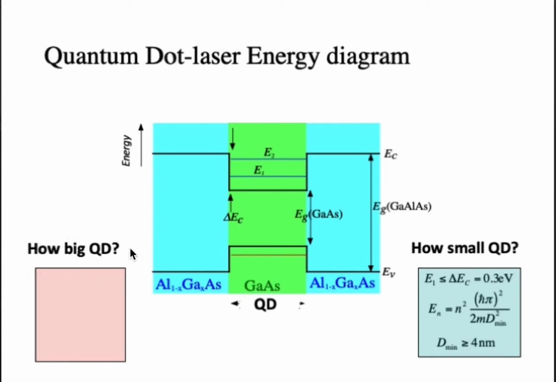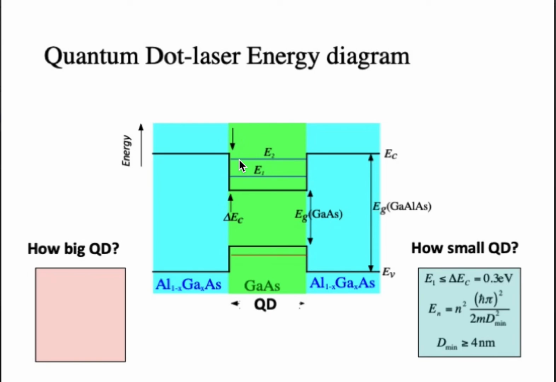If you want, you can stop there and think yourself. Well, we want to use this as a laser, and we want to have lasing between discrete levels. Therefore, we want only one of the levels, E1 and E2, to be occupied. So the distance between them has to be larger than a certain lower limit.